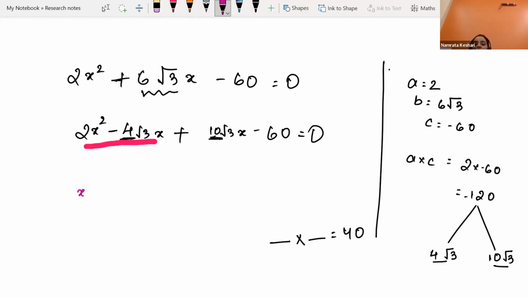What can be taken out as a common factor from 2 and 4? We can take 2x as common. Yes, 2x. And the remaining will be x minus 2 root 3. Yeah, perfect.